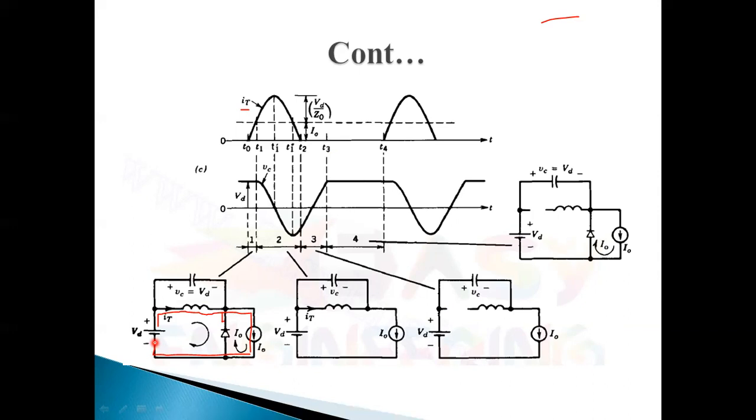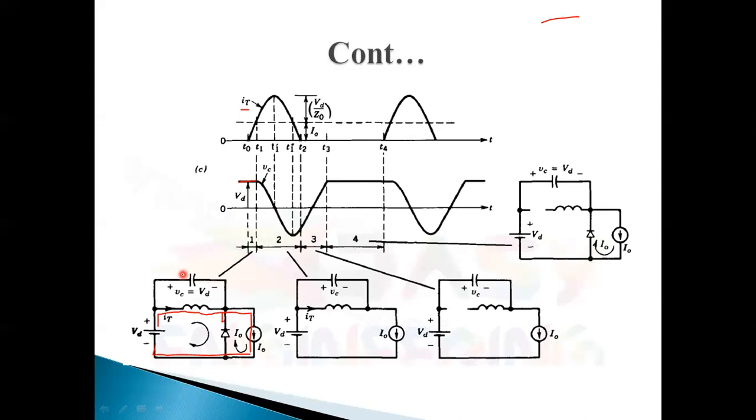Okay, now many students have the question: is the current not flowing through this branch? Current is of course flowing through this branch, but if you look at mode 1, the VC voltage, there is some previously charged capacitor there. That means in some previous cycle the capacitor was already charged.